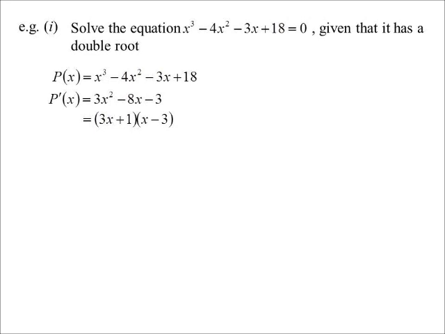It factorises to be 3x plus 1 and x minus 3. So one of those will also be a solution to our original equation. So either x equals minus a third is going to be a solution, or x equals 3 will be a solution. Which one do you think is more logical to be the solution, looking at the equation we're trying to solve?